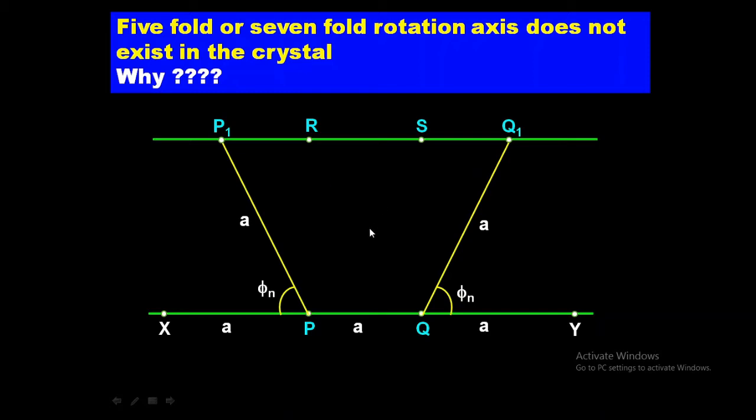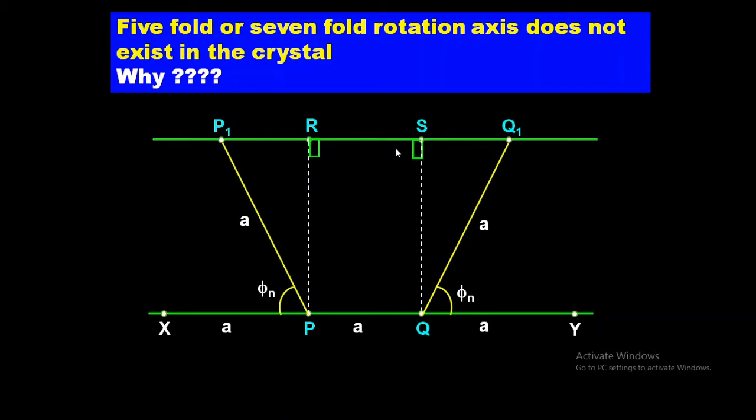Now we draw two perpendiculars, from p to r and from q to s. Now we have to remember the geometry. These two lines, xy and p1q1, are parallel.